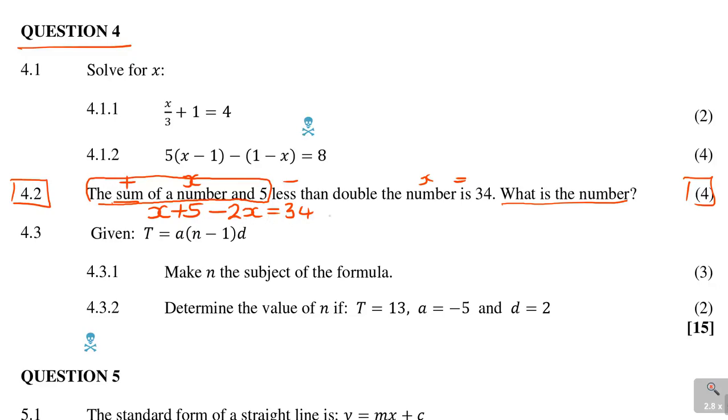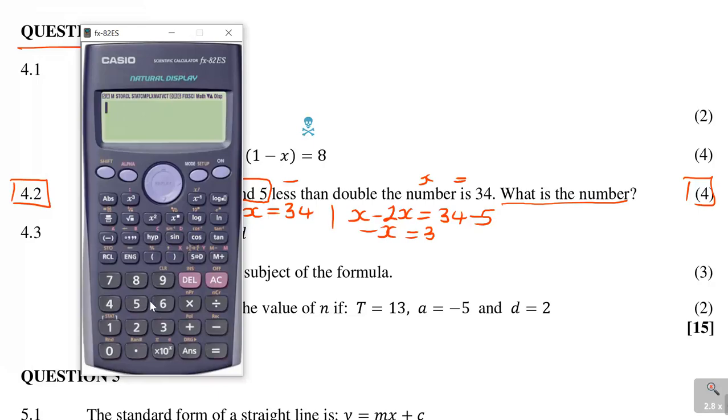So what you have here is x minus 2x is equal to 34 minus 5. So minus x is equal to 34 minus 5. If you use your calculator, 34 minus 5 is 29.